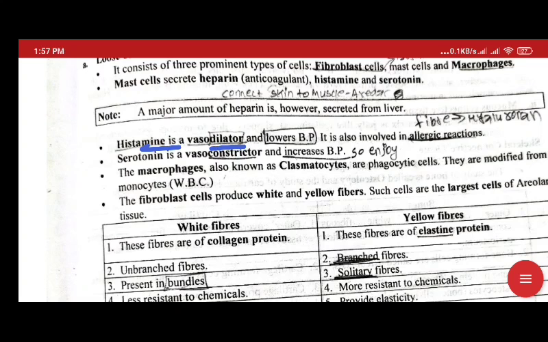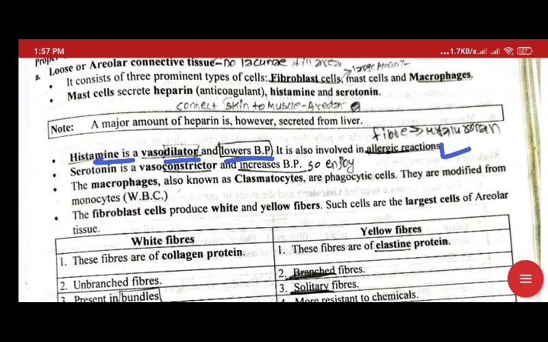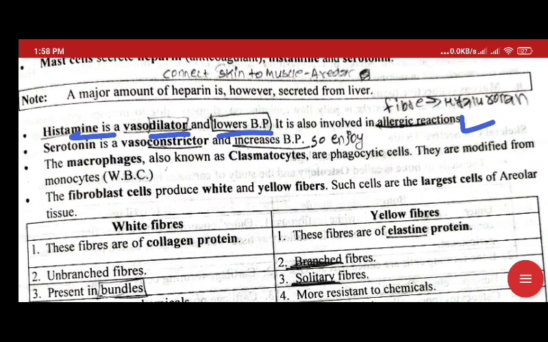Amine makes dilate, and if dilate then low blood pressure, causing allergy reaction, as we have told you. And if fiber occurs, that is called hyaluron. And serotonin is a vasoconstrictor, so it increases blood pressure.